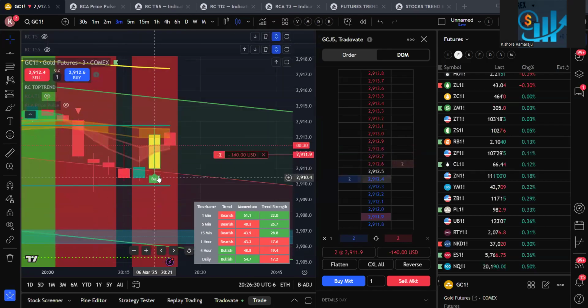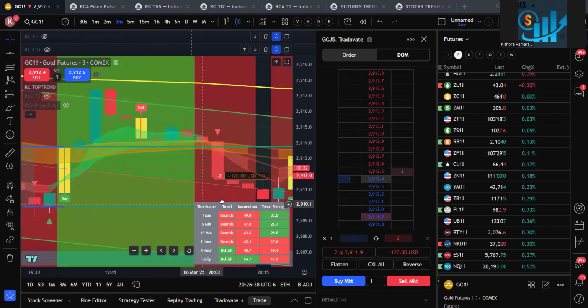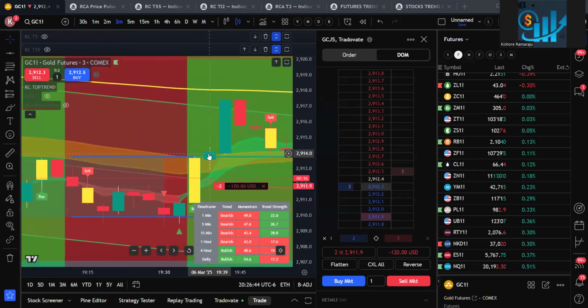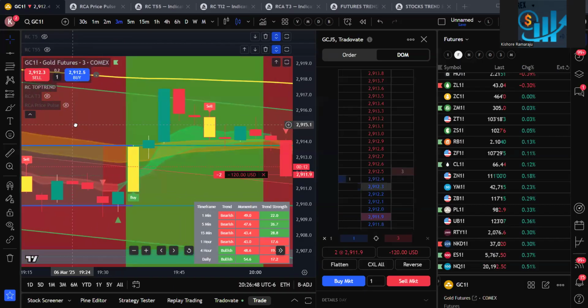Whenever you get a buy signal but the background is red, that means you can ignore the buy signal. If you get a buy signal when the background is green, that is a good one. If you get a sell with red background, that is a good one.